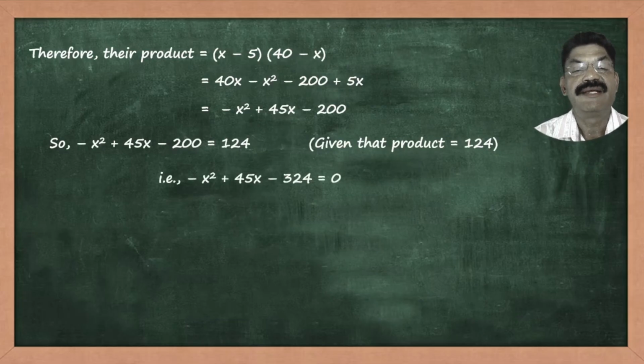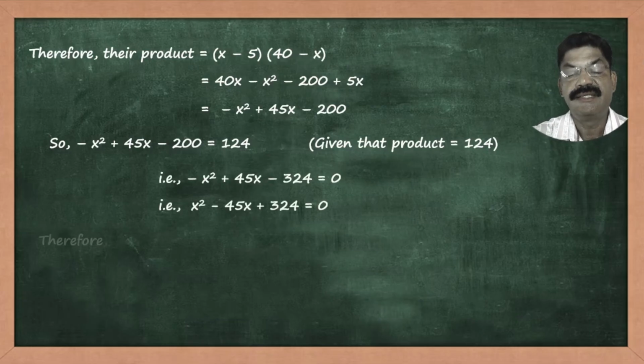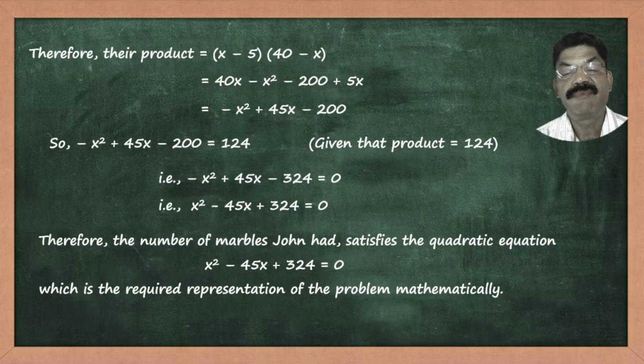Then we get minus x squared plus 45x minus 324 is equal to 0, which is a quadratic equation. Therefore, the number of marbles John had satisfies the quadratic equation x squared minus 45x plus 324 is equal to 0.